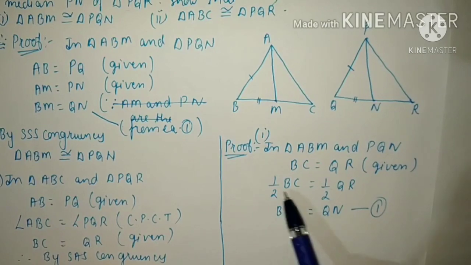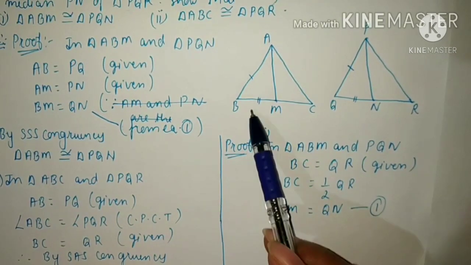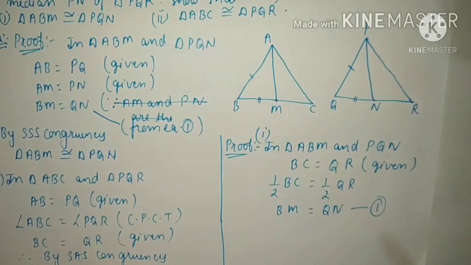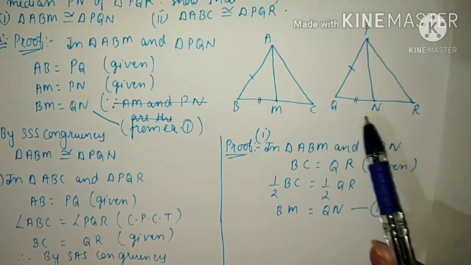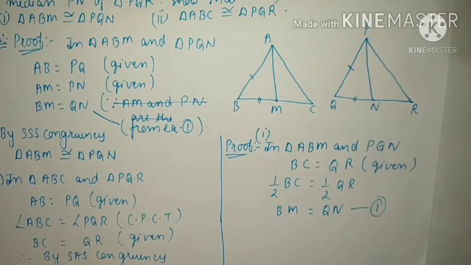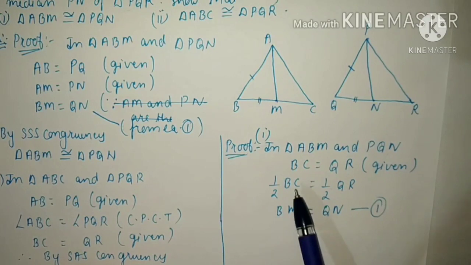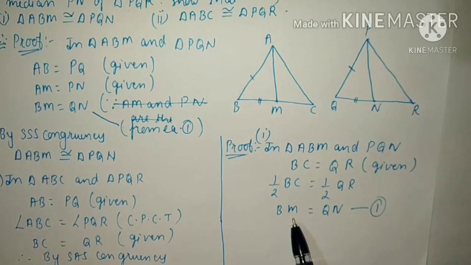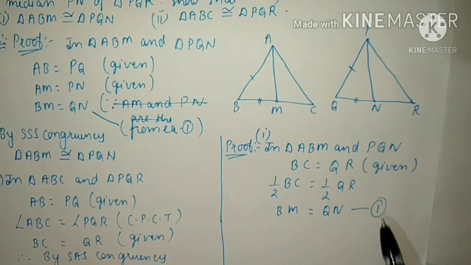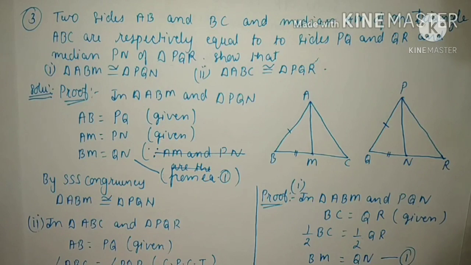So half of BC will be equal to this BM and half of QR will be equal to this QN. So instead of half of BC we will write BM, and instead of half of QR we will write QN. Now name this as equation number 1.